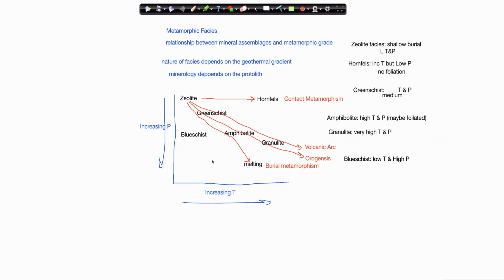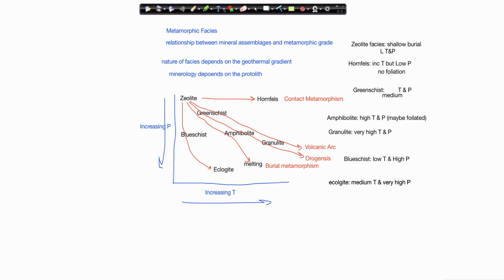And then at the bottom here, eclogite. So eventually this will go to eclogite. So it goes straight down through blue schist and into eclogite. So eclogite is medium temperatures and very high pressures.